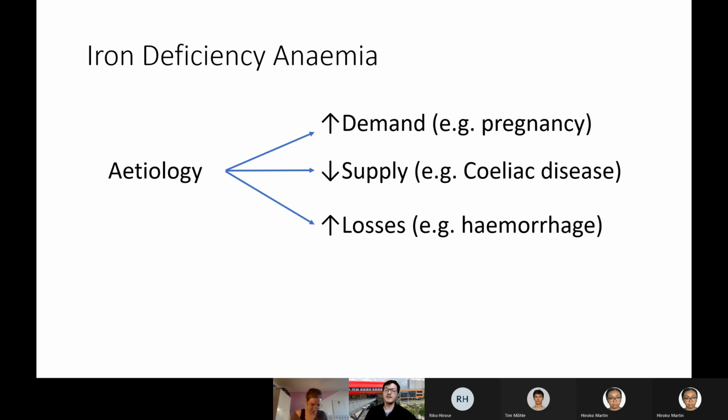Very common here in the Czech Republic is colorectal cancer, so adenocarcinoma of the colon, which when it grows is more prone to damage. Being more prone to damage, it can get injured and lose a little bit of blood before healing again.